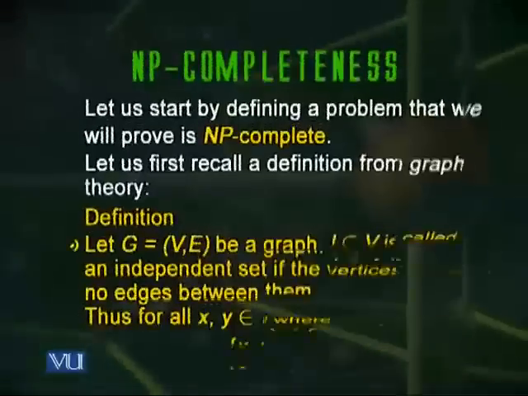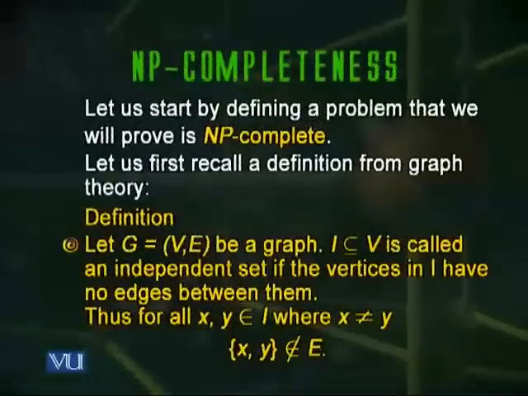Now what I am going to do is present to you a definition of what an independent set is inside a graph. So this definition says that suppose you're given a graph which is given by V, E, so V is the set of vertices and E is the set of edges. And now what you do is you take a subset of the vertices. Out of all the vertices that are in the graph, you choose a subset.